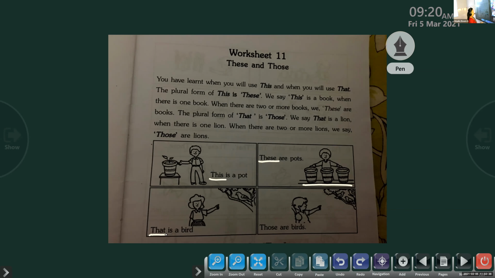Now, in the second picture, we can see that there are three birds, and all these birds are far from the girl. So, how would she say? Those are birds. How many birds are there? Three. So, the plural of that is those. Now, are you able to remember? Okay, good. Now, let's continue.